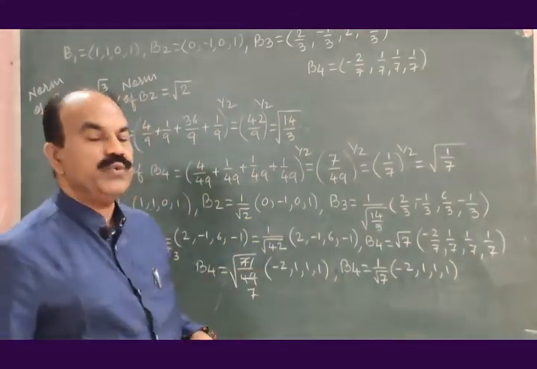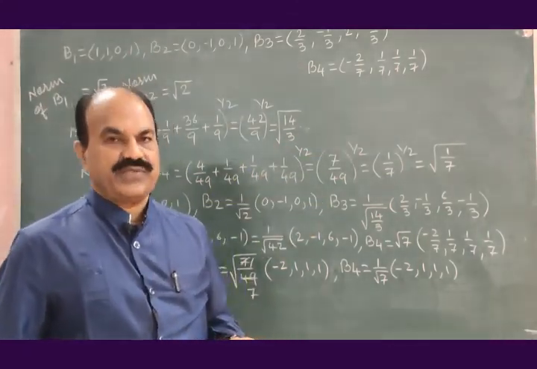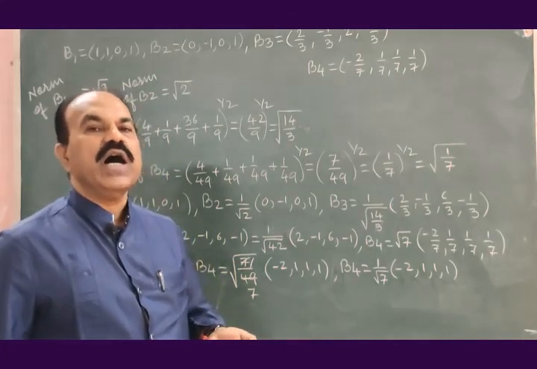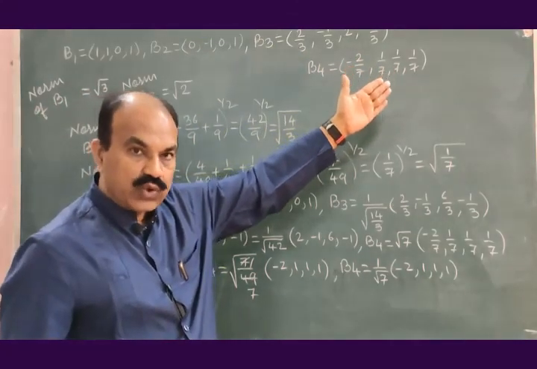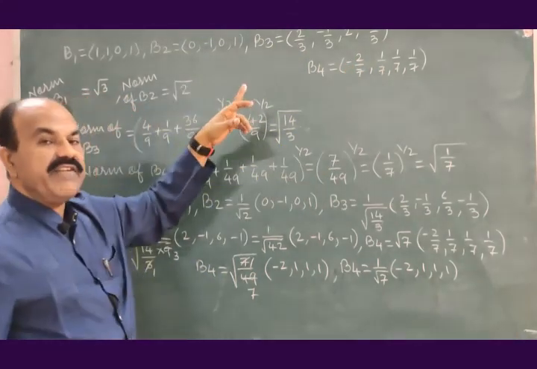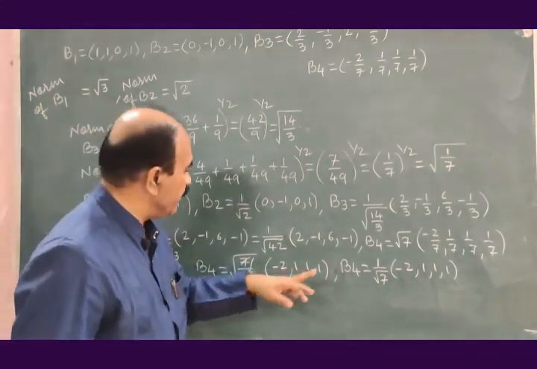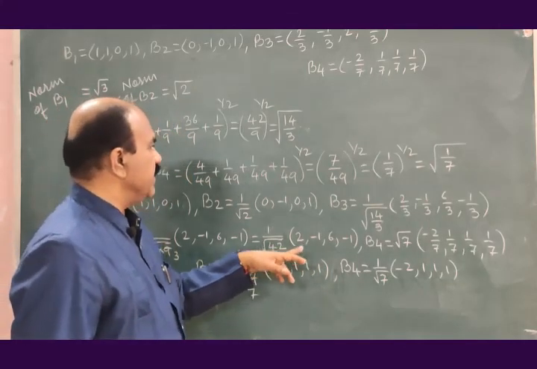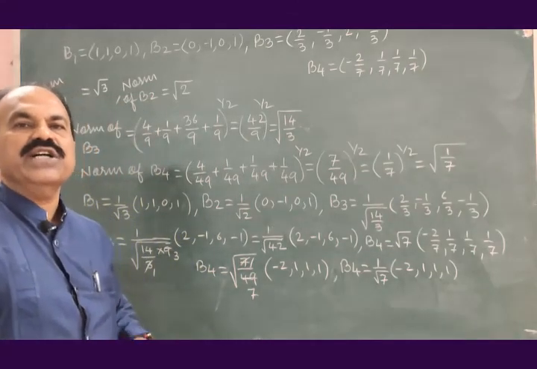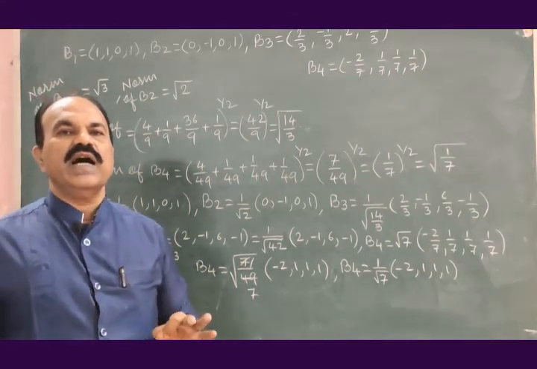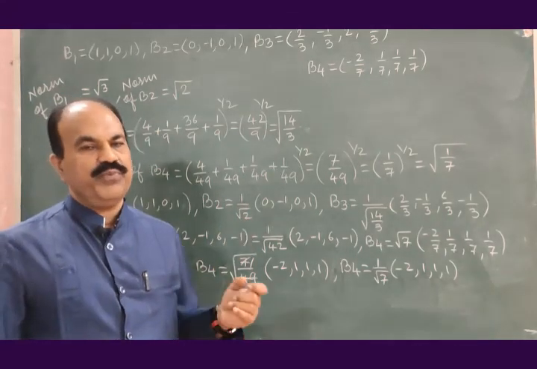So these B1, B2, B3, B4 obtained here, when divided by their norms, get converted to orthonormal vectors. These are a set of orthogonal vectors, and when these are divided by their norms, they correspond to a set of 4 orthonormal vectors. So this is the answer for the given problem. Hope you got it. Thank you.